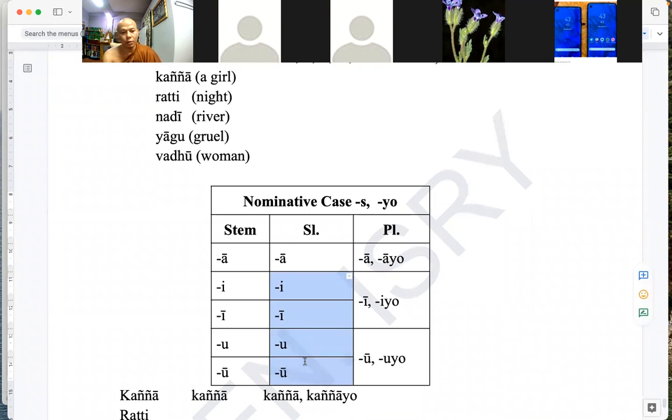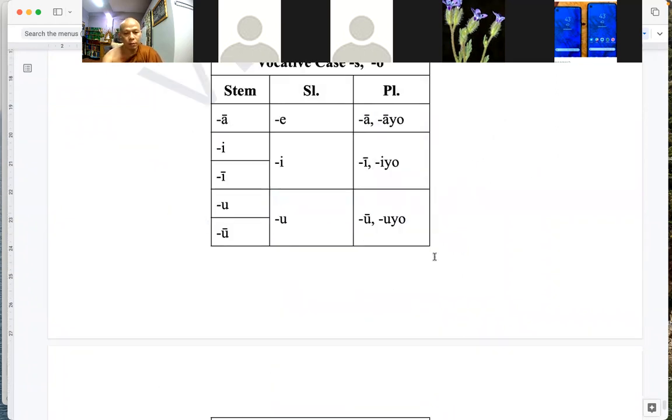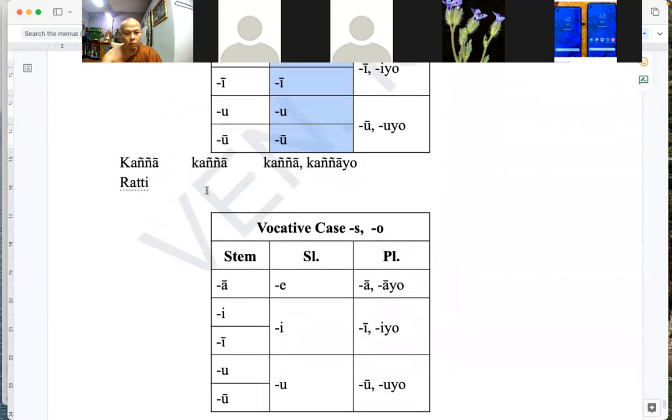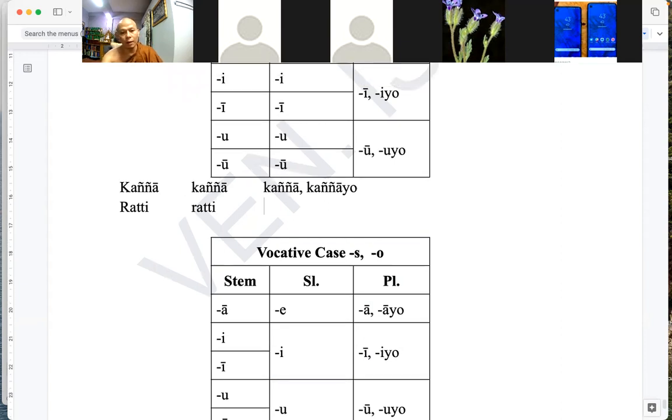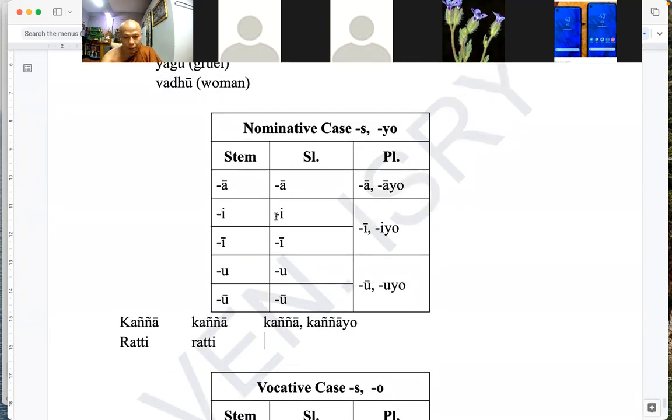Exactly the same as the stem forms. So Rati as Rati. That is fine. For singular, the first form Rati. And then the second form is, that short vowel becoming long. So the plural form is Ratī.